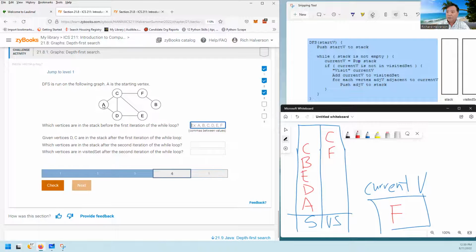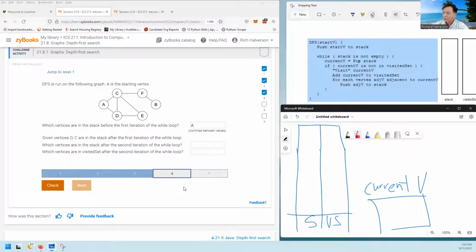DFS, A is the starting vertex. Which vertices are in the stack the first iteration of the loop? It's going to be A. And so when A gets pushed in, let me erase this.